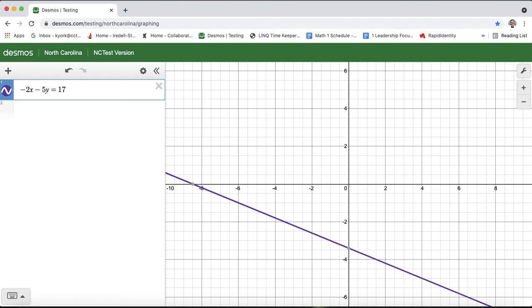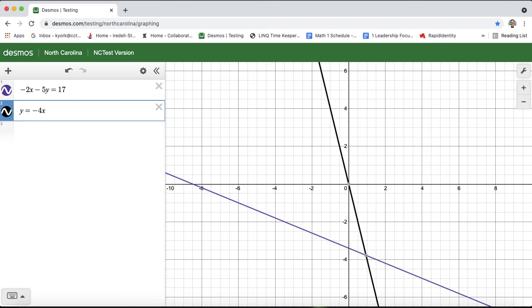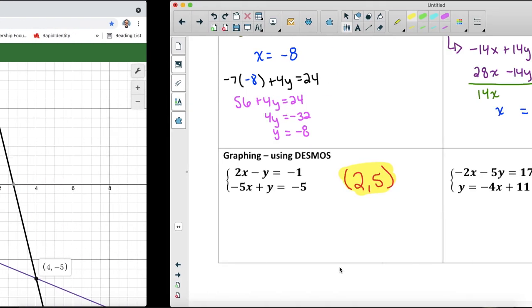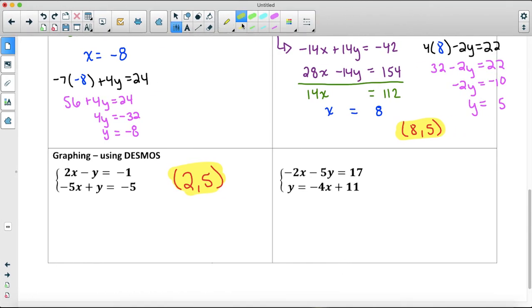There's our line. And our second equation was y equals negative 4x plus 11. There's our second line. They cross right here, so the coordinate that they cross at is at 4, -5. So our solution is 4, -5.